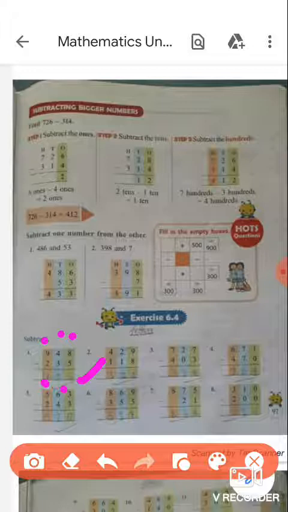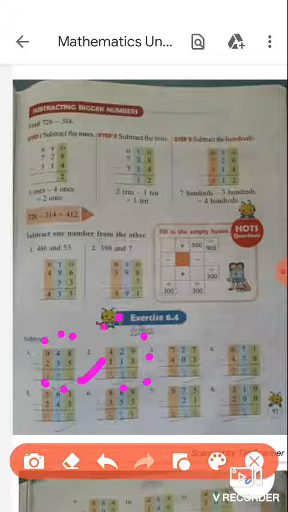Now let's look at the second question. First of all, what do we have to do? Yes, subtract the ones. 9 ones minus 8 ones, we will get 1. At tens place, 2 tens minus 1 ten equals 1 ten.